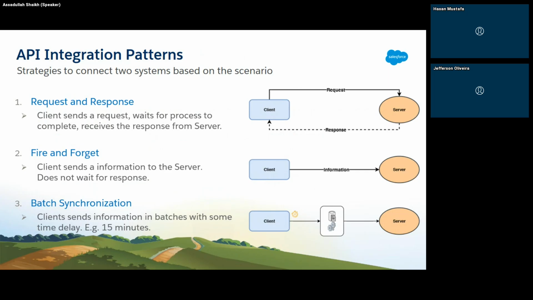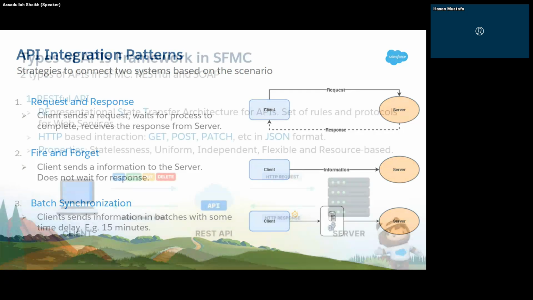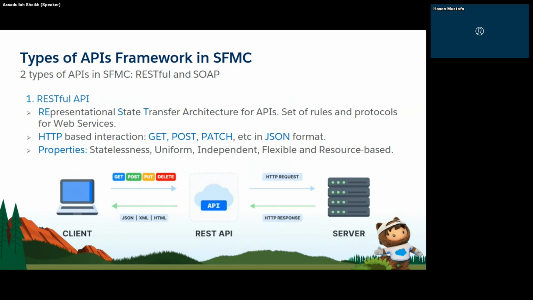So this is just for the beginners who might not have heard about integration patterns. These are the three most common integration patterns that you would see. Right? So moving forward, in Salesforce Marketing Cloud, there are two types of API frameworks or architectures supported.